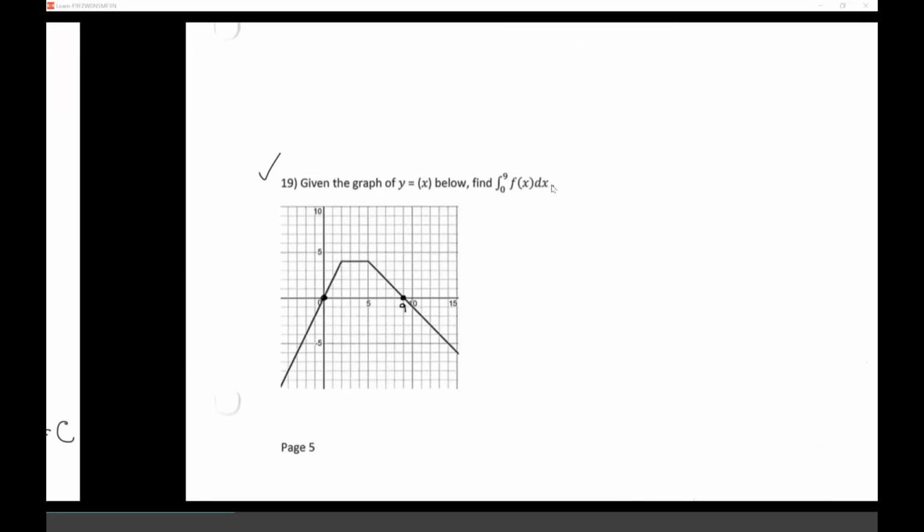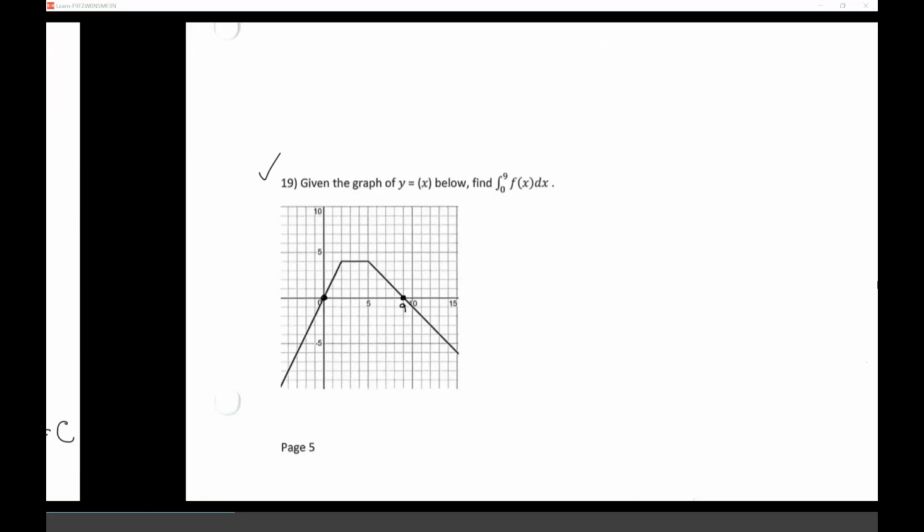Exactly, exactly. Notice they didn't give you a function rule, so you can't actually integrate anything, okay? The definite integral will give you the area between f of x and the x-axis between 0 and 9, between x equals 0 and 9.